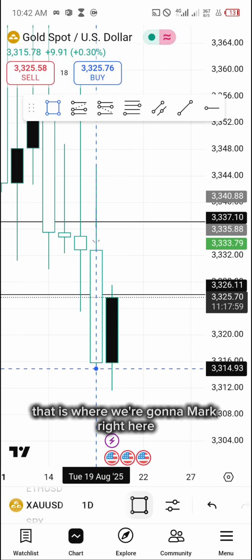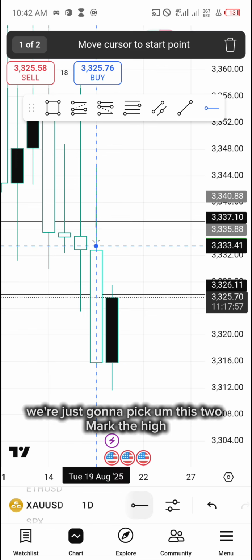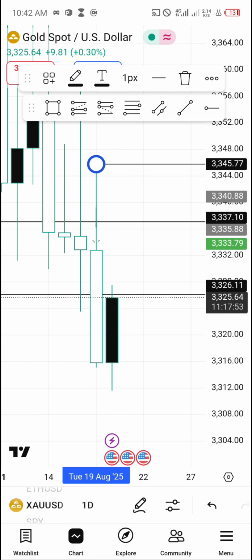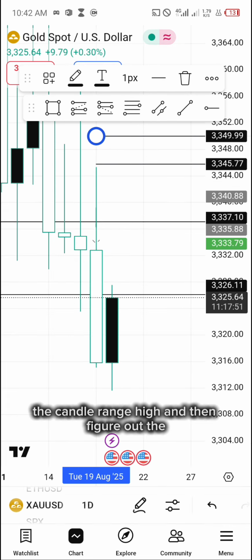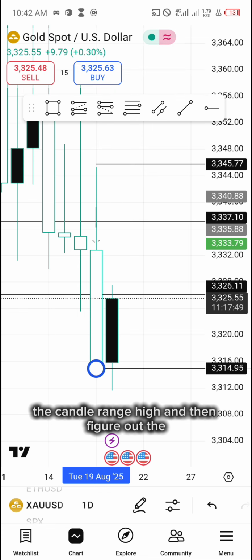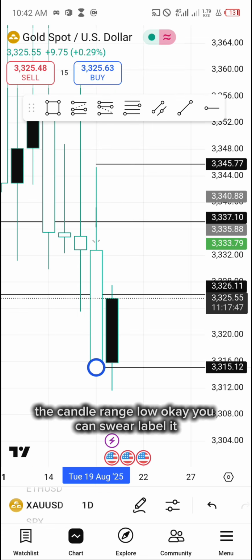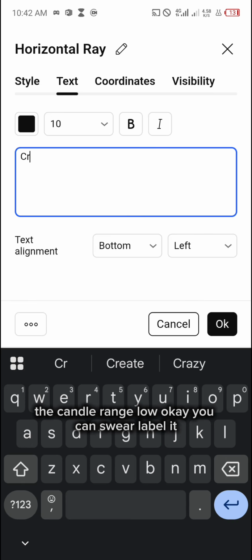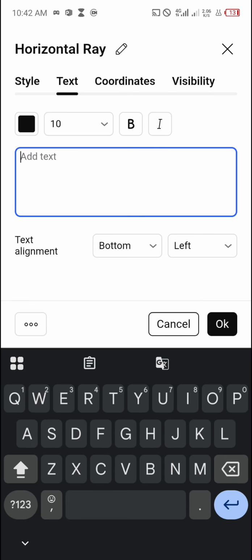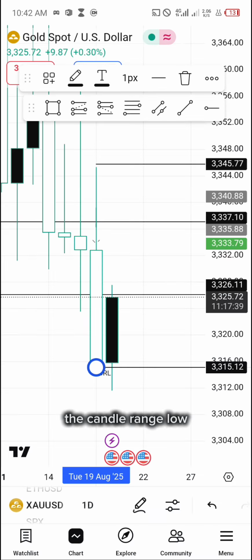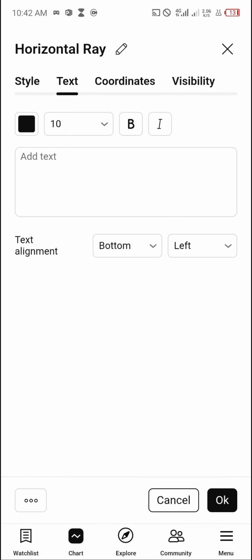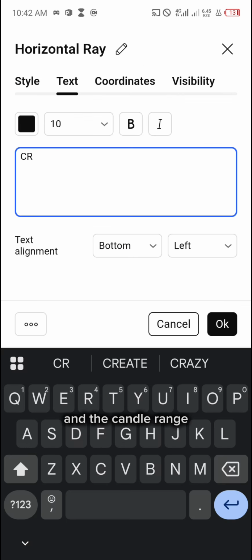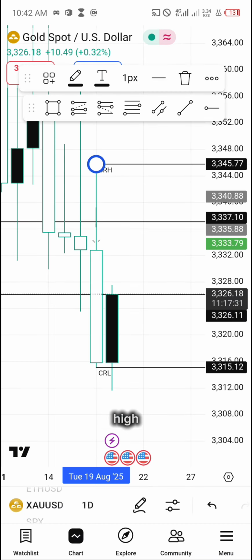Right here, we're just going to pick this to mark the candle range high, and then figure out the candle range low. You can just label it the candle range low and the candle range high.